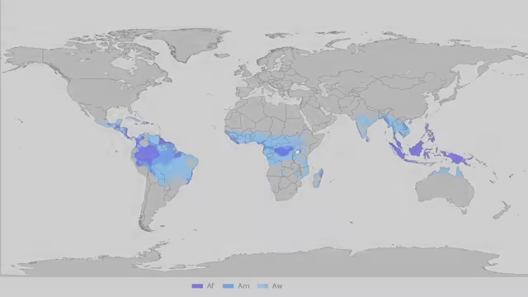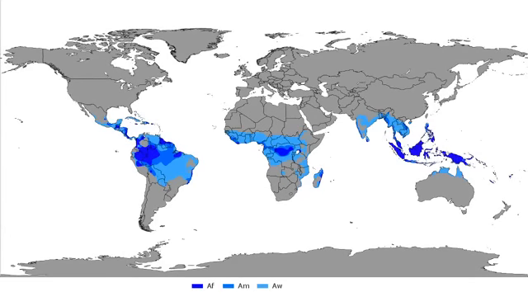So looking at the map, all the blue spots are the tropical climates. The different shades of blue are the different types of tropical climates. Okay, so as you can see, they're all within 15 degrees north and south of the equator in latitude.